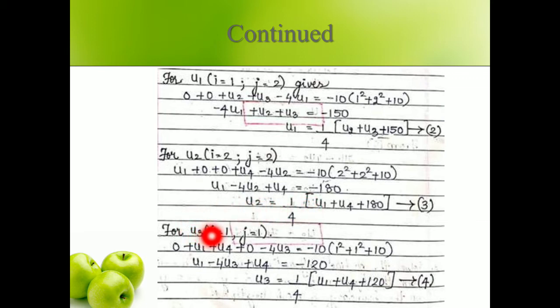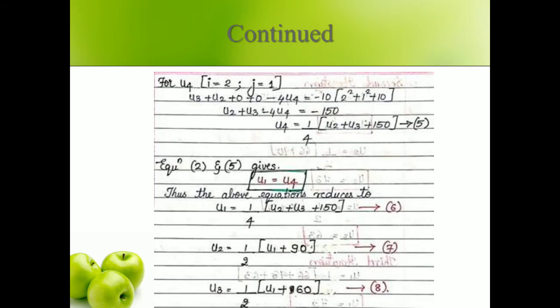For u3, i equal to 1, j equal to 1, so u3 is equal to 1 divided by 4 (u1 plus u4 plus 120). Next, u4, i equal to 2, j equal to 1, so u4 will be equal to 1 divided by 4 (u2 plus u3 plus 150).